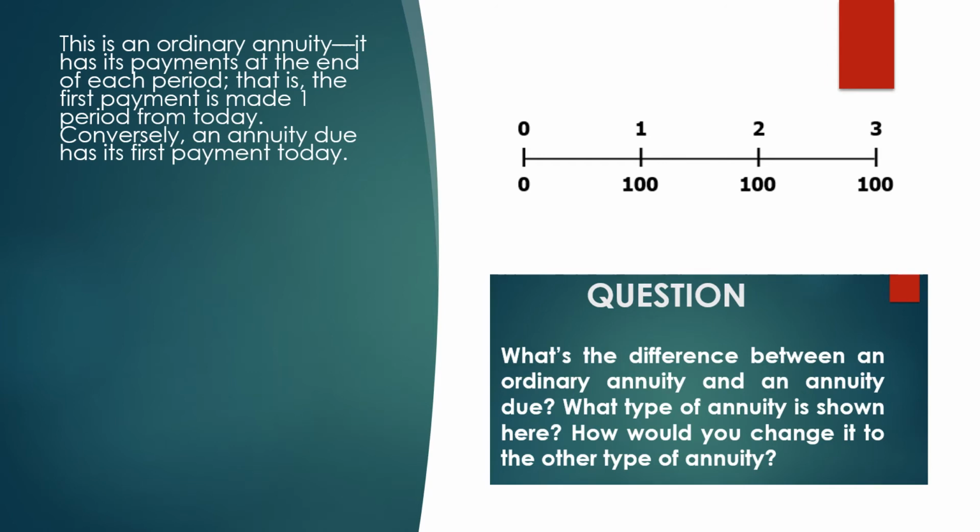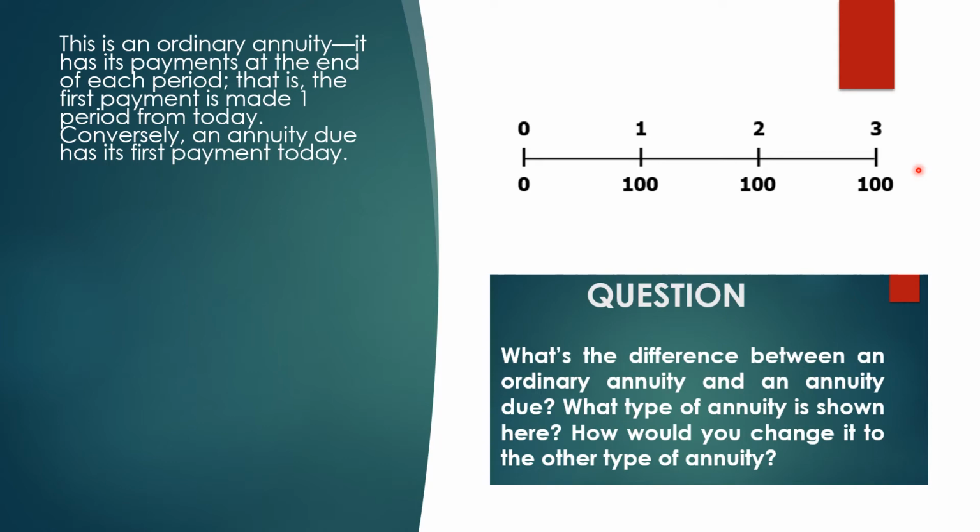So this is an ordinary annuity, because it has its payments at the end of each period. The first payment is made 1 period from today. If today is, let's say, January 1, the first payment will be by December 31. That's also so for year 2 and year 3.